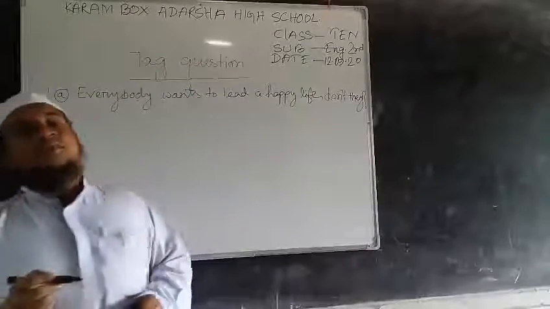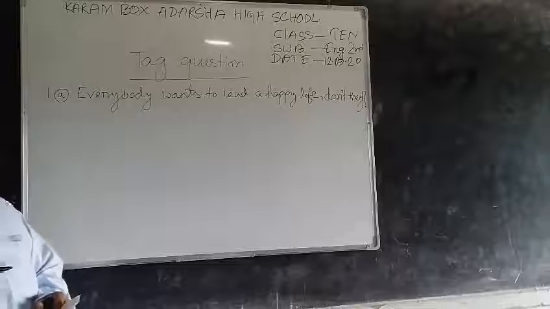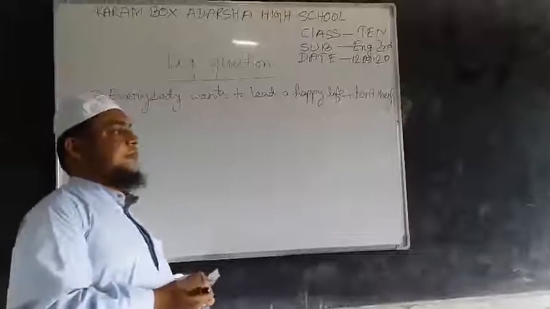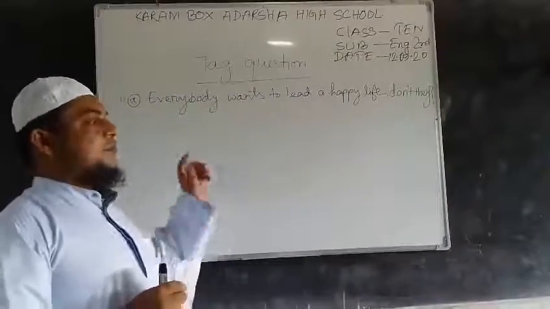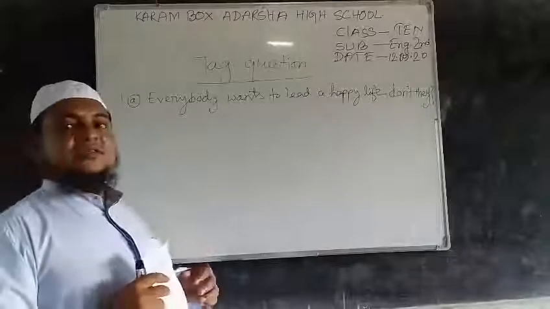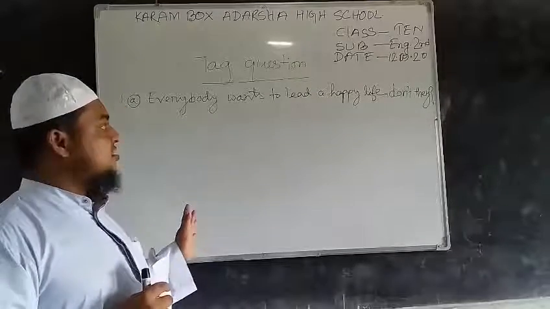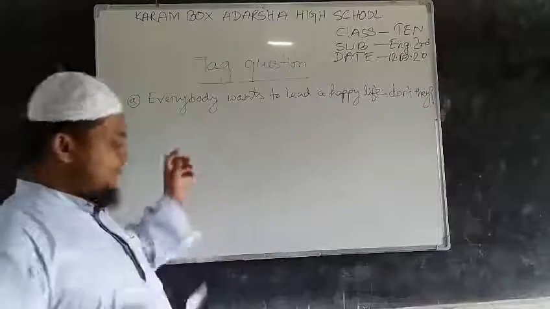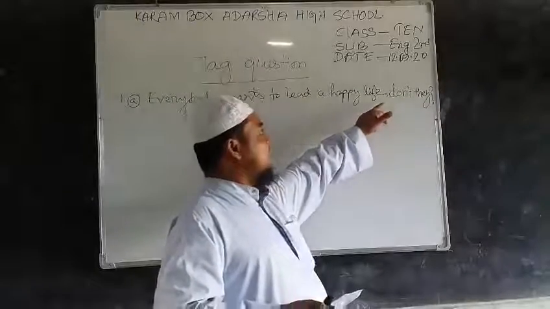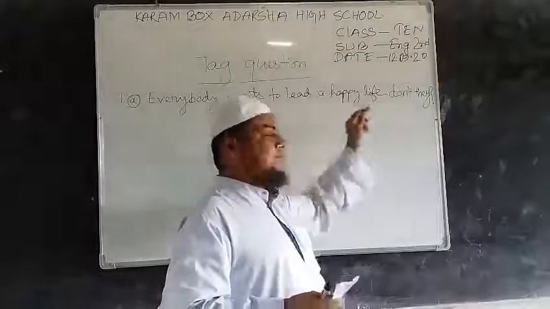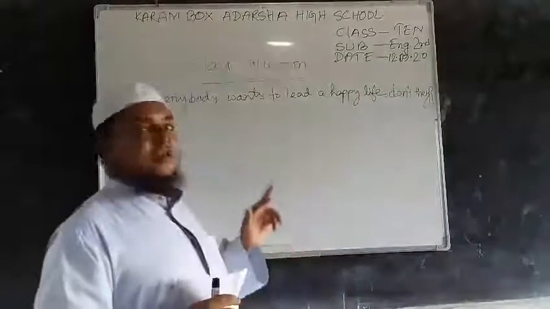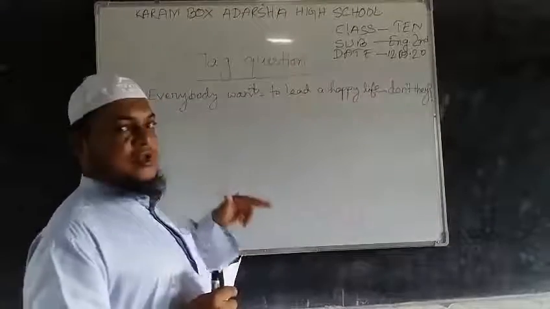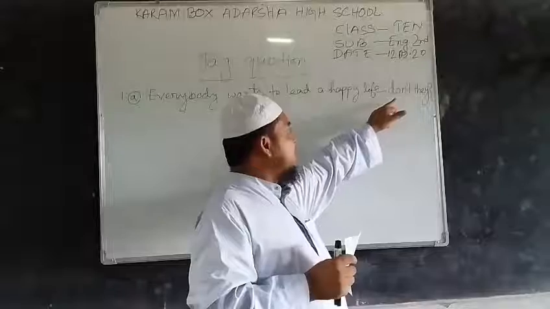Dear students, I am repeating the class for your better understanding. We have discussed that for adding tag questions we have to perform 5 activities. The first activity is comma setting. We have set comma. Second activity is auxiliary verb setting according to the rule. So according to the rule we set auxiliary verb do.